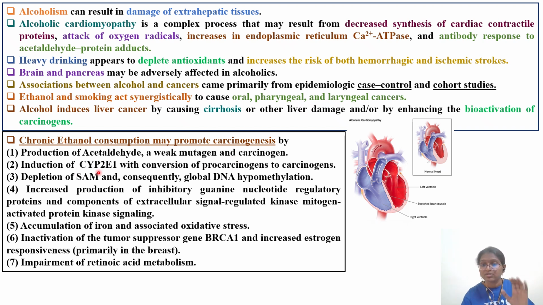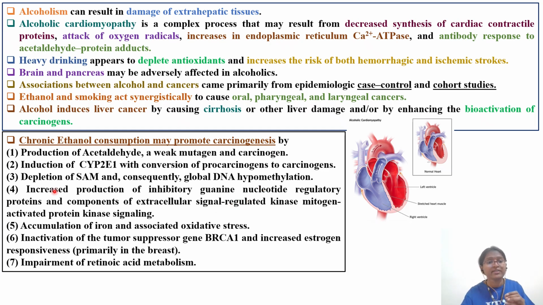Induction of CYP2E1. Excess induction of any enzyme will have some adverse effects. So what it will do is convert pro-carcinogen into carcinogen. As I told you, depletion of SAM, that is S-adenosyl methionine, leads to global DNA hypomethylation. Hypomethylation is less addition of methyl groups, CH3, to the DNA.